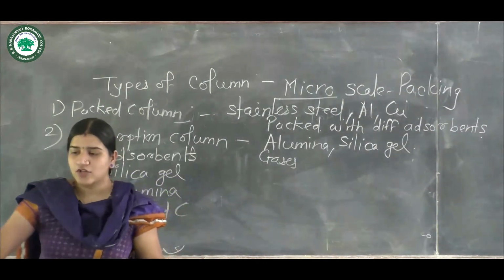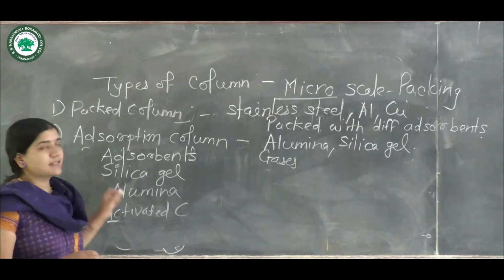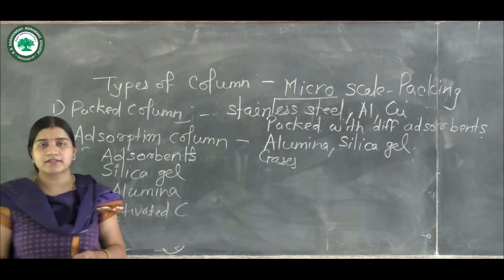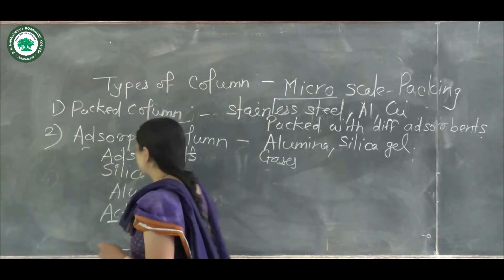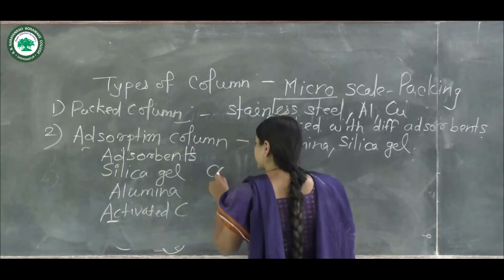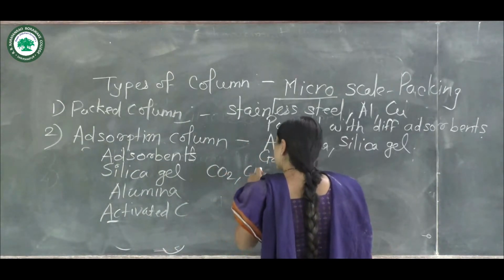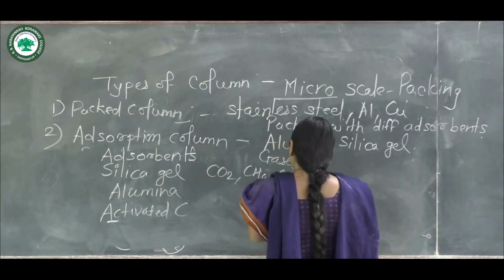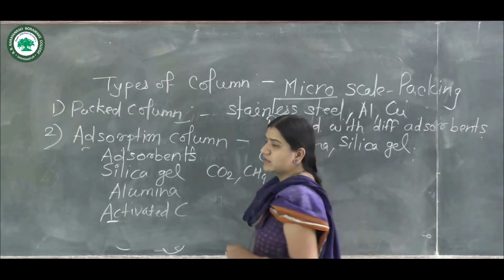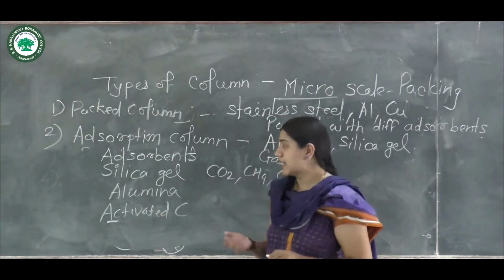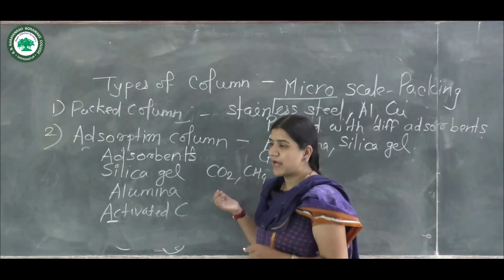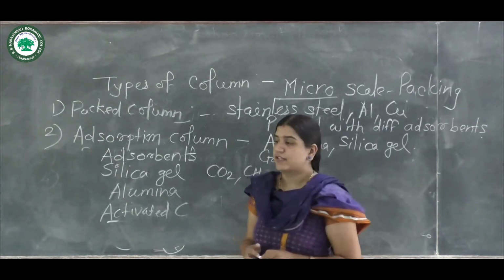For silica gel, which type of gases are we using? That is CO2, then CH4, C2H4. So analysis of these gases is carried out by using silica gel.